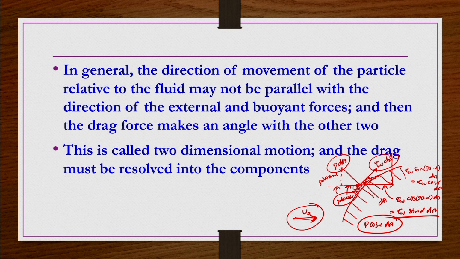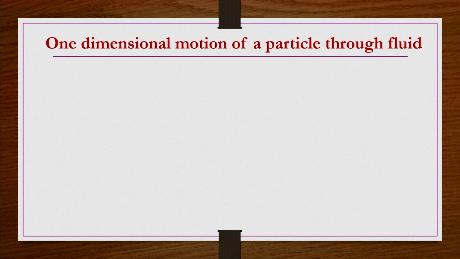But in this lecture, we will be considering only one-dimensional motion of a particle through fluid, to avoid complications and have a simplified analysis, because whenever there is a two-dimensional flow, it becomes very difficult to get the results analytically, and one may need to go for semi-analytic, semi-numerical or numerical results, or an experimental approach only.